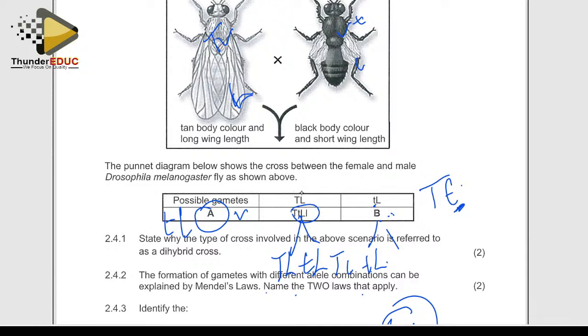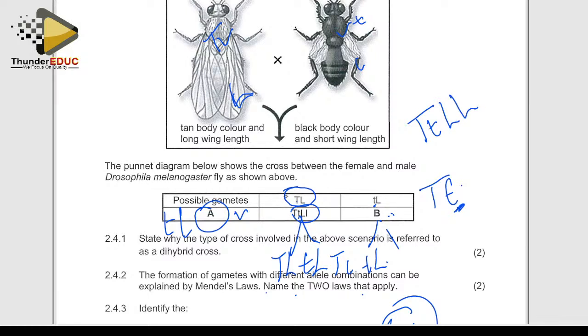This is heterozygous, you understand? Where it came from? Because these two combined, so it was like this: capital letter L, capital letter T, small t, capital letter L, and then capital letter L.